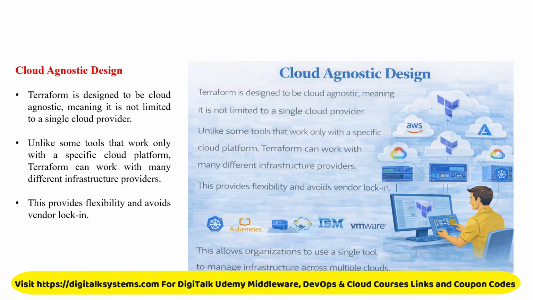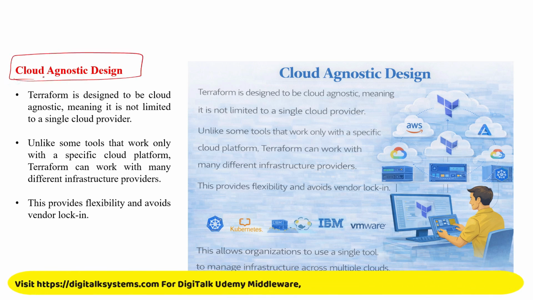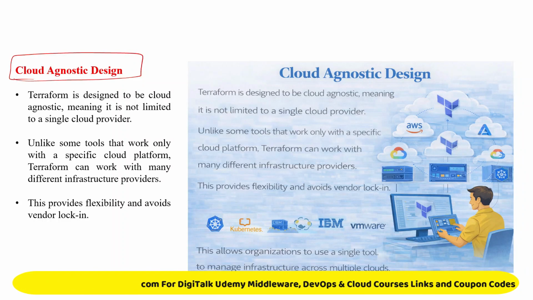So let us talk about each and every benefit one by one. I will cover each benefit in a very short session with a very basic explanation. The very first thing: cloud agnostic design. What is the meaning of cloud agnostic? It means Terraform is not tied to a particular cloud service provider.